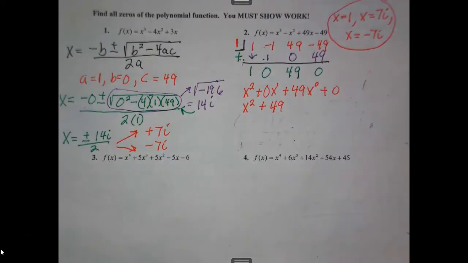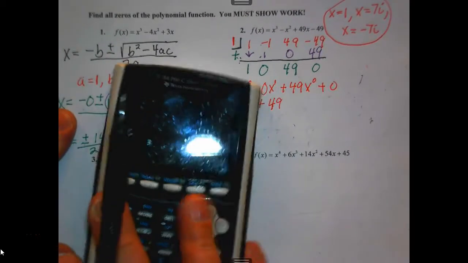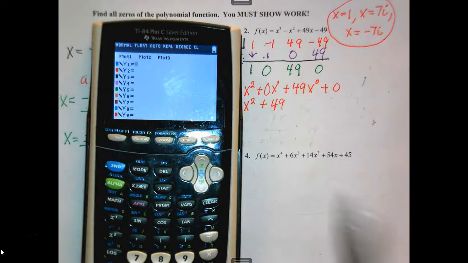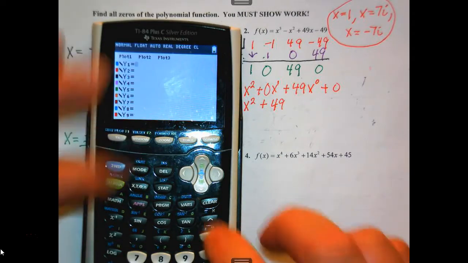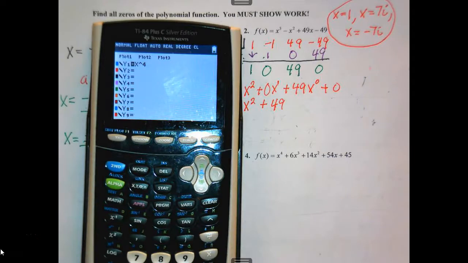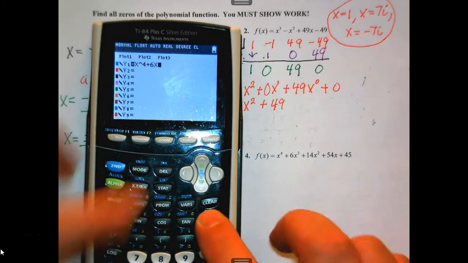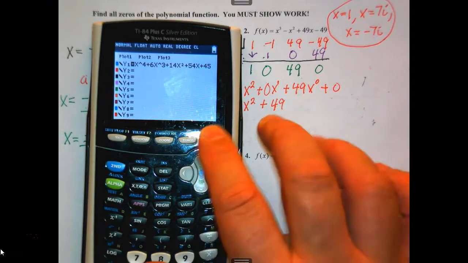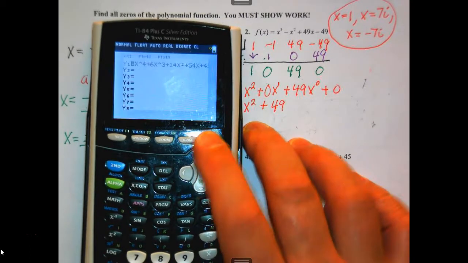Okay, so using your calculator, we have x to the 4th plus 6x to the 3rd plus 14x squared plus 54x plus 45. You ready? Graph it. I know this is the suspenseful part.